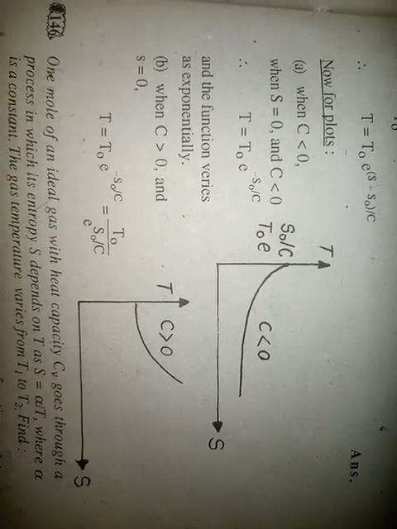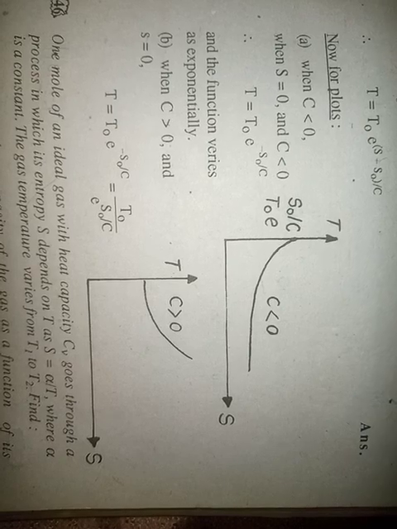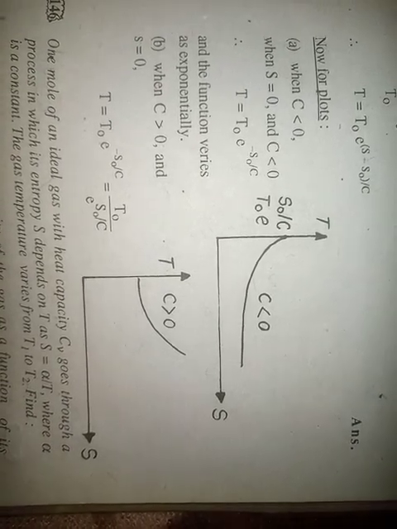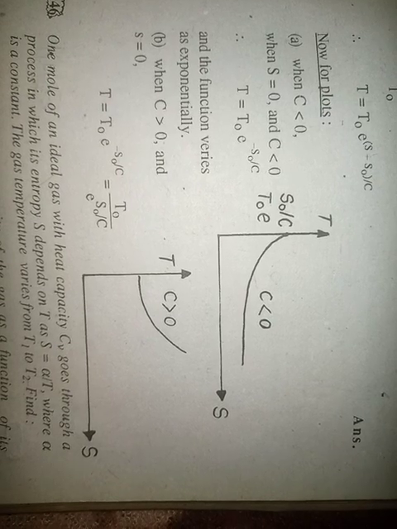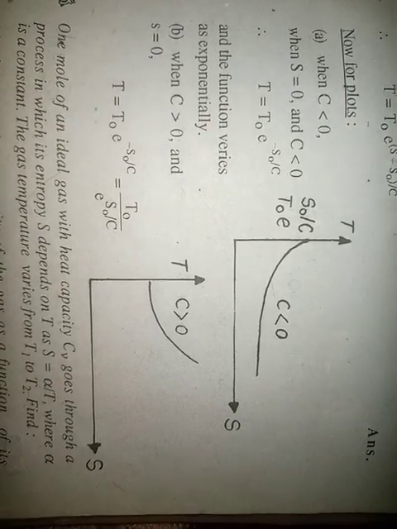When C is greater than 0 and S equals 0, T equals T naught e to the power minus S naught by C, that is T naught by e to the power S naught by C. The plot is shown in the figure.